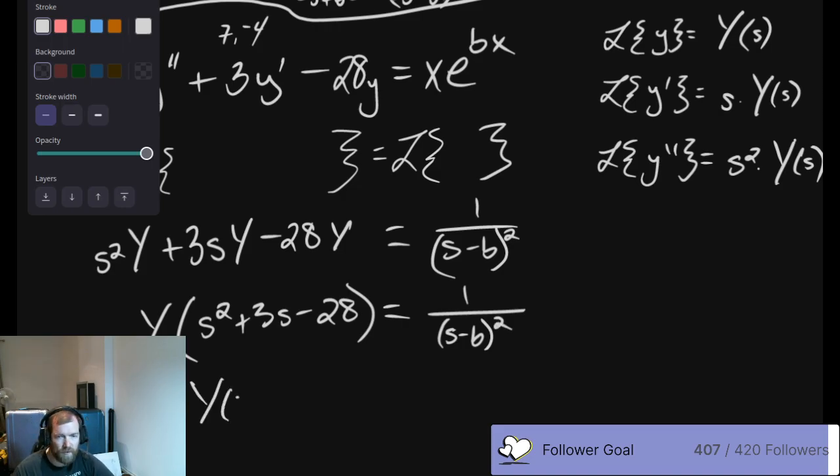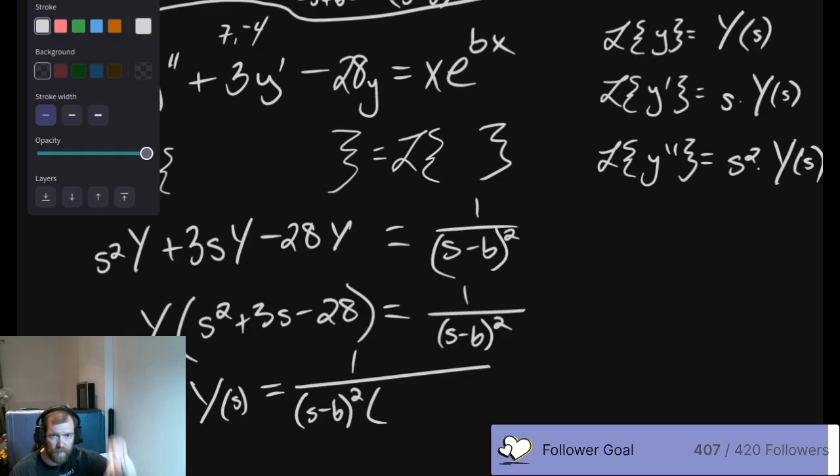So our y function, which is a function of s, is going to end up being 1 over a product of s minus b squared times, and we figured out from up there our factors. This was going to be a nice quadratic.